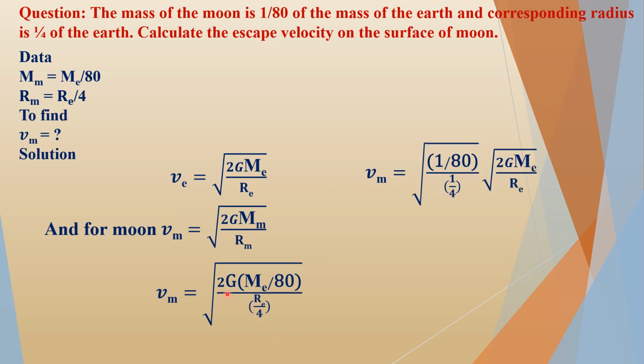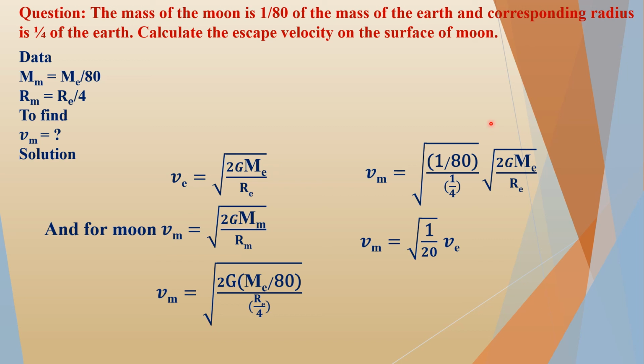And we can separate under root 2 gme divided by re, and we get escape velocity of moon is equal to under root 1 divided by 80 divided by 1 divided by 4 into under root 2 gme divided by re.